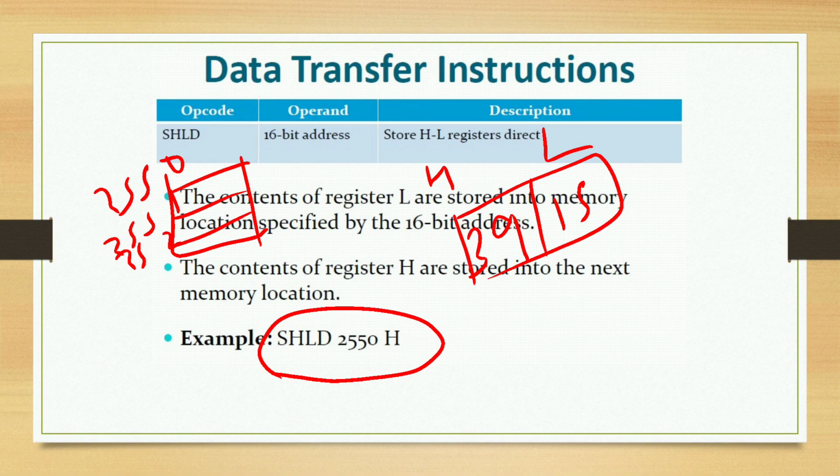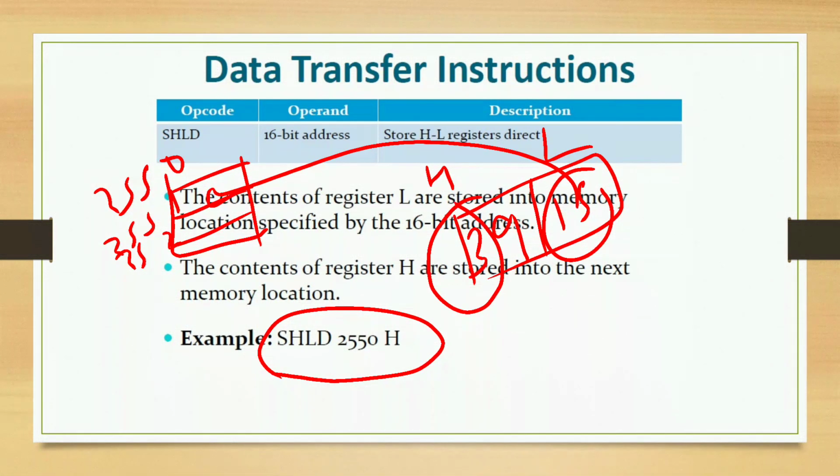SHLD 2550 will store the content of register L, that is 15, in memory location 2550H, and the content of register H is stored in the next memory location, 2551.